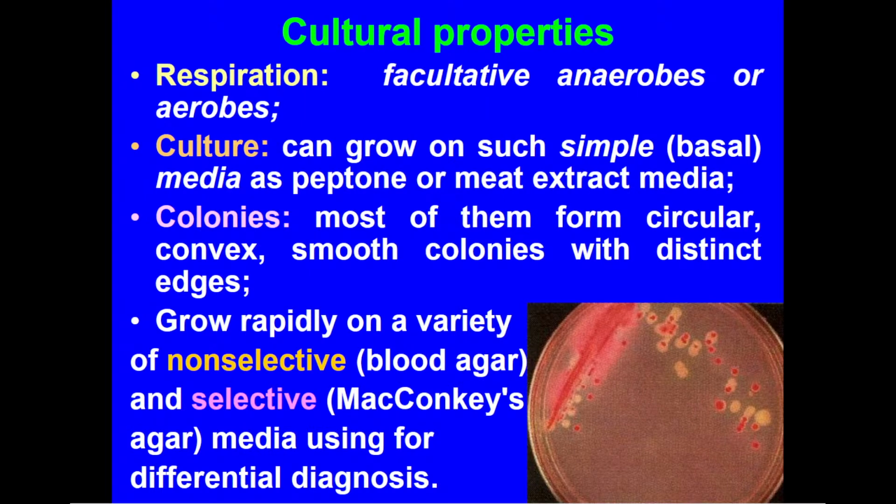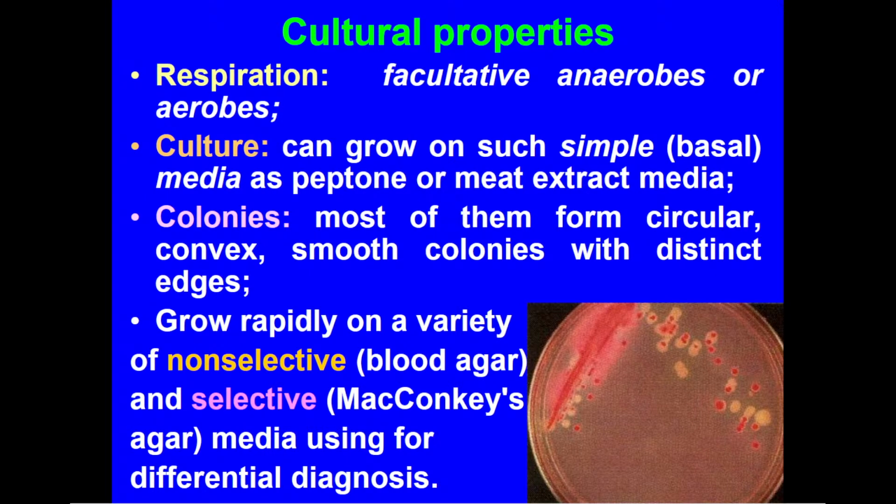When we use non-selective media like blood agar, for example, we would like to recover bacteria from the blood, when we suspect bacteremia. Any microbe found in the blood is considered to be the causative agent of the disease.